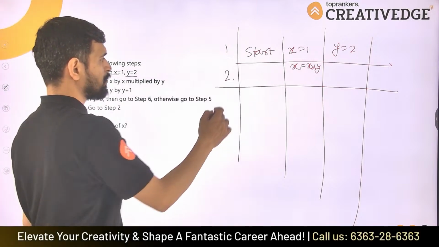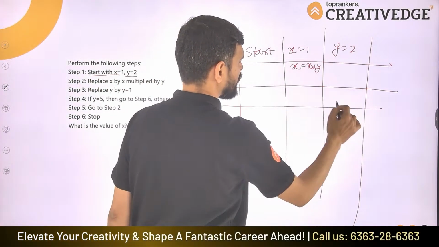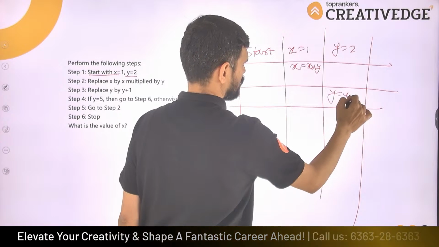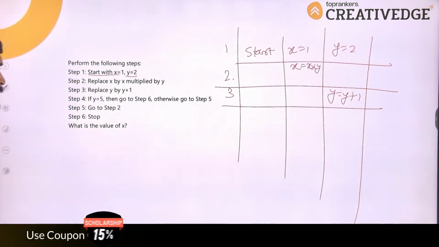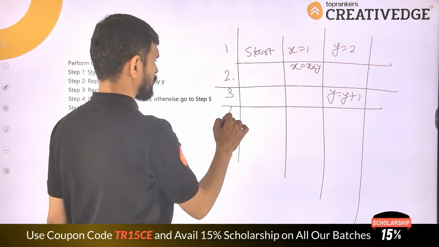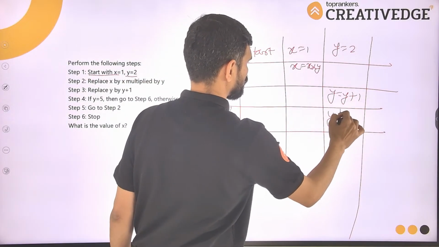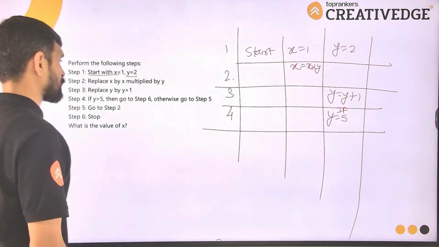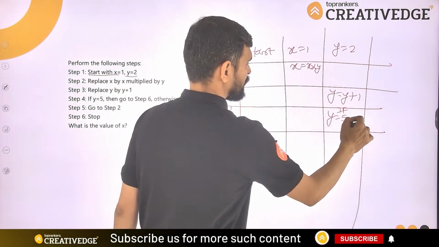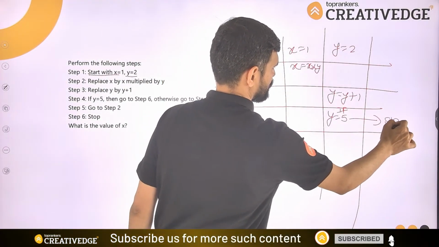Now step 3 says, make y equal to y plus 1. Fine. Step 4 says, if y is 5, then we have to go to step 6.